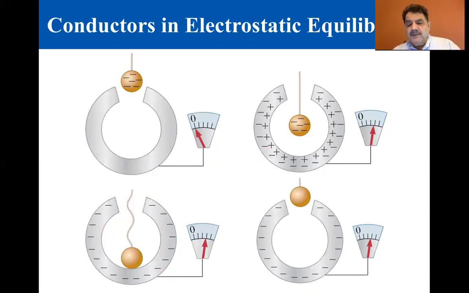The needle deflected because the charged ball induced a positive charge on the inner wall of the pail, which left an equal negative charge on the outer wall, as you can see in the top right figure. Faraday next touched the inner surface of the pail with the ball and noted that the deflection of the needle did not change, either when the ball touched the inner surface of the pail, as in the bottom left figure, or when it was removed, as in the bottom right figure.